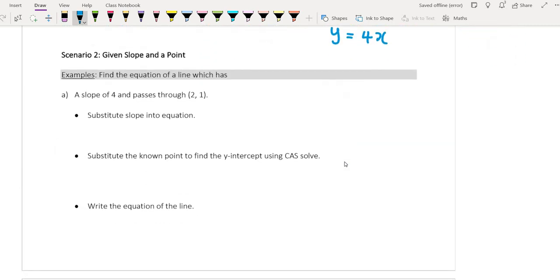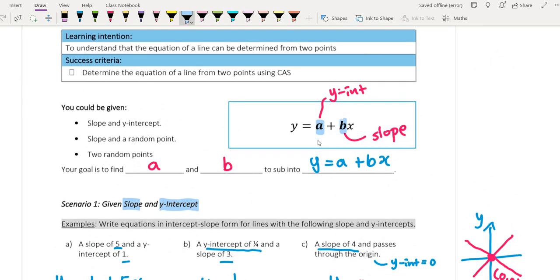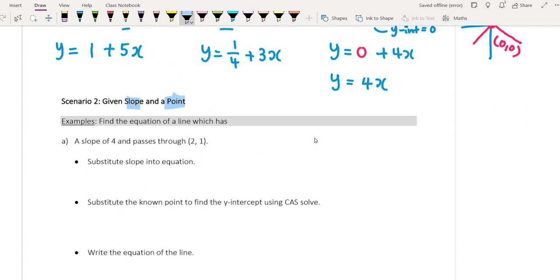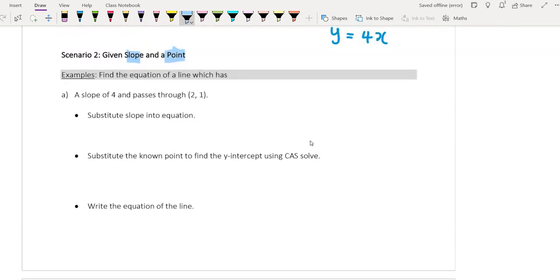Alright, this next scenario, we'll be given a slope and a random point. So not the y-intercept, which means it can't go straight into this a value, but rather it's just a random point on the graph.